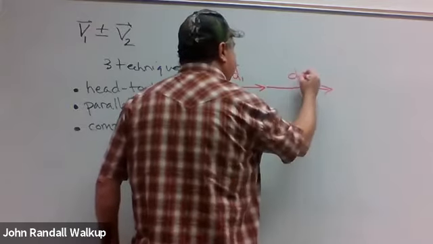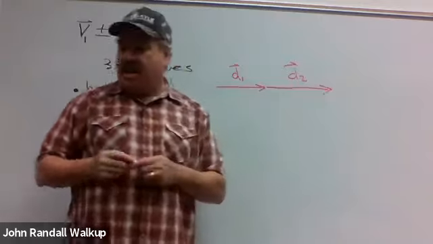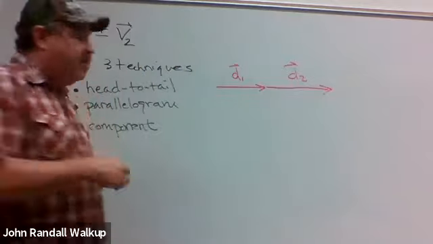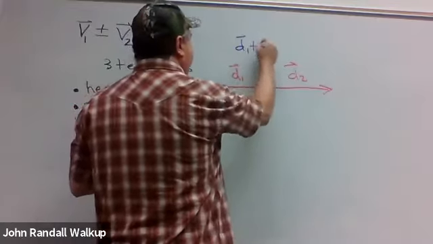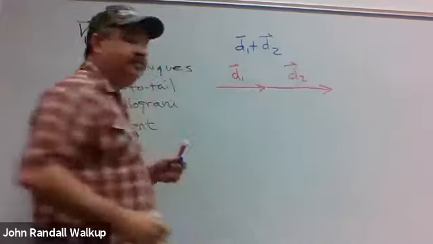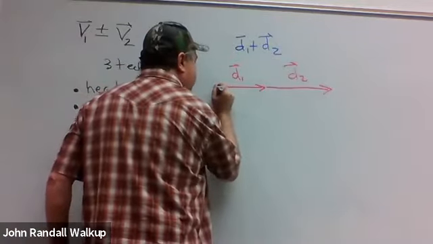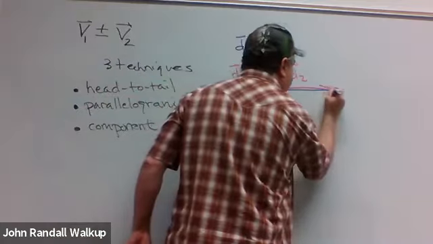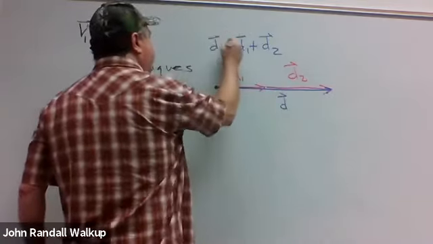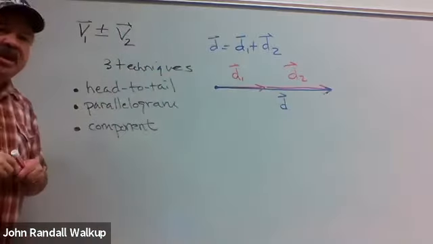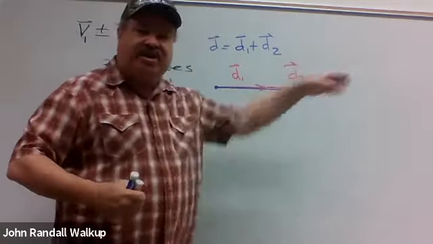And this person went a little bit further, and the total vector when you take D1, I like that, plus D2, was a vector that started from the very start to the end. And this worked even if D2 didn't go straight in the same direction.